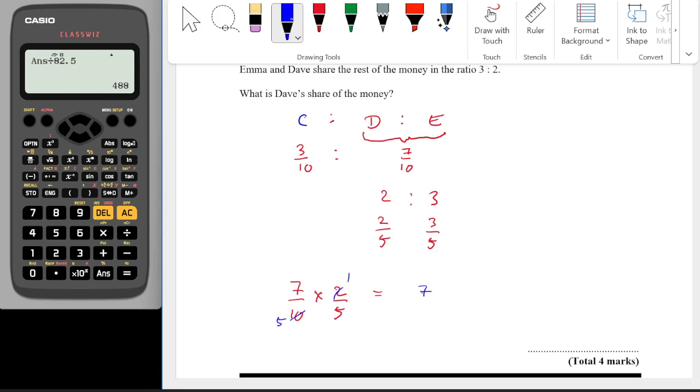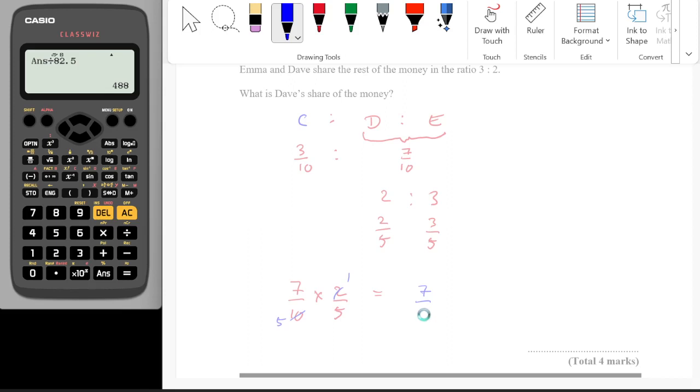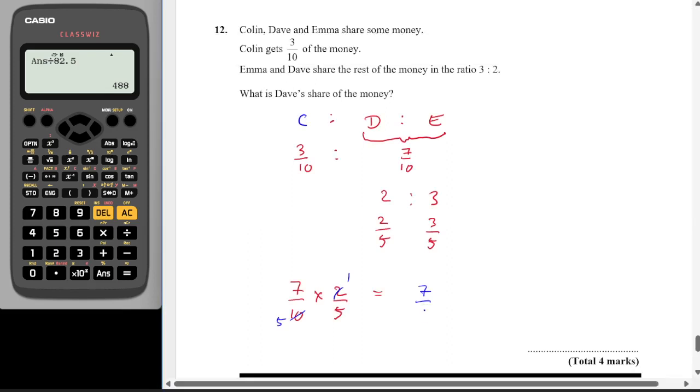So it's going to be 7 over 25, which would be absolutely fine as your answer. Other acceptable answers would be, I would imagine, 14 out of 50 or 28%. I think they would all be acceptable answers.